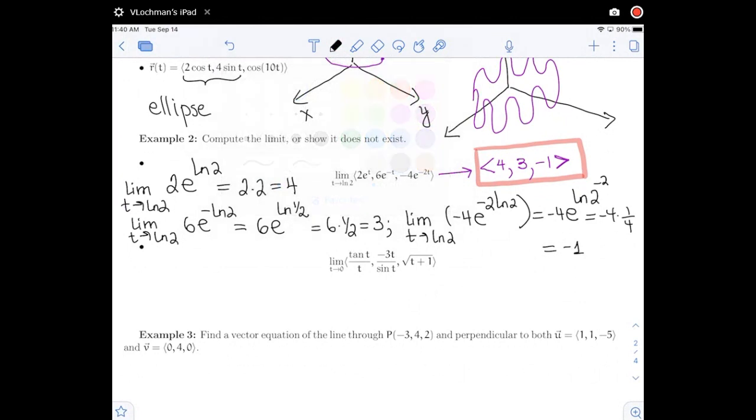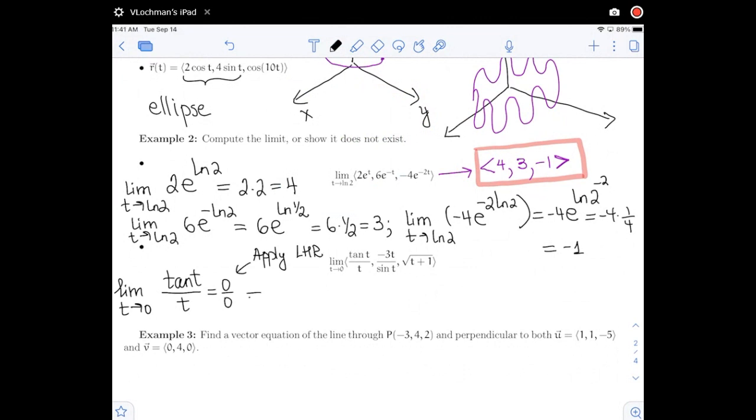Let's say the first one is the limit as t goes to 0 of tangent of t over t. Tangent of 0 is 0, so we get 0 over 0. This is one of the indeterminate forms, so we can apply L'Hopital's rule.